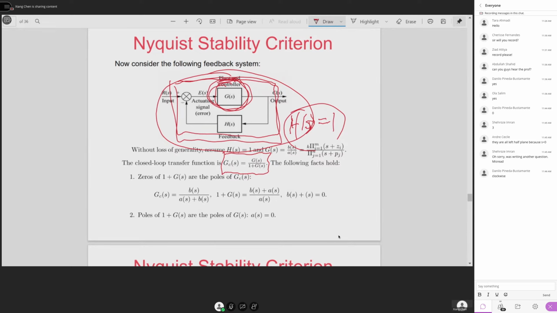Based on the information of the Nyquist plot of G(s), I try to predict if my closed loop system is stable or not. This criterion is what we call the Nyquist stability criterion. If I can establish a relation between the open loop system's Nyquist plot and the closed loop system's stability, my job is done.